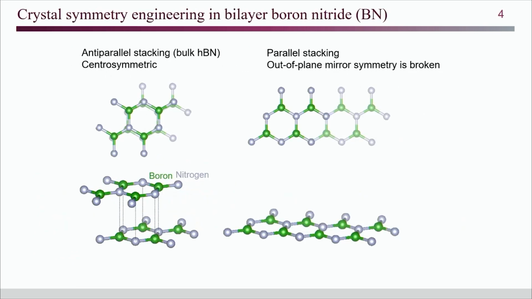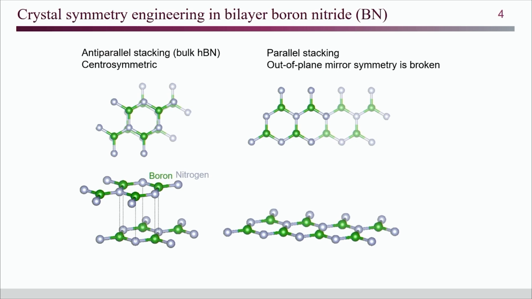So how are we going to engineer ferroelectricity using Van der Waals materials? The material that we choose is boron nitride. This is very commonly used as an insulator. The structure is like this. The monolayer boron nitride takes a honeycomb lattice similar to graphene, while instead of carbon, it has boron and nitrogen atoms alternately occupying the sites.